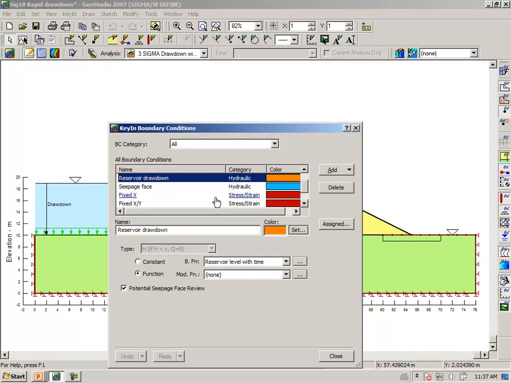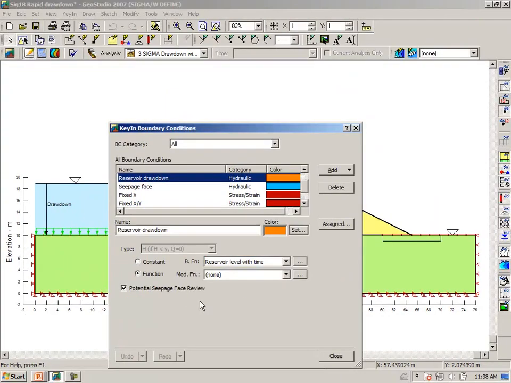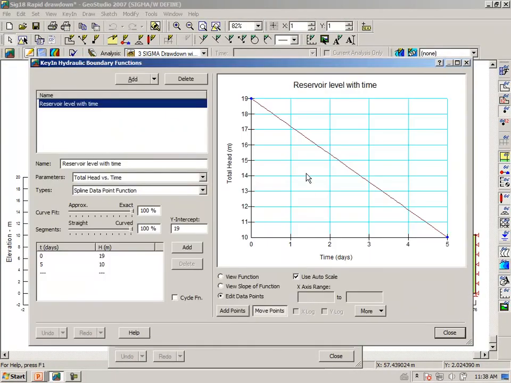We must also define the hydraulic boundary conditions. Once again, notice here that we are selecting a function, and we have a reservoir level with time function, and we have checked the fact that there could still be a seepage phase above the reservoir level. So here is the drawdown function again.